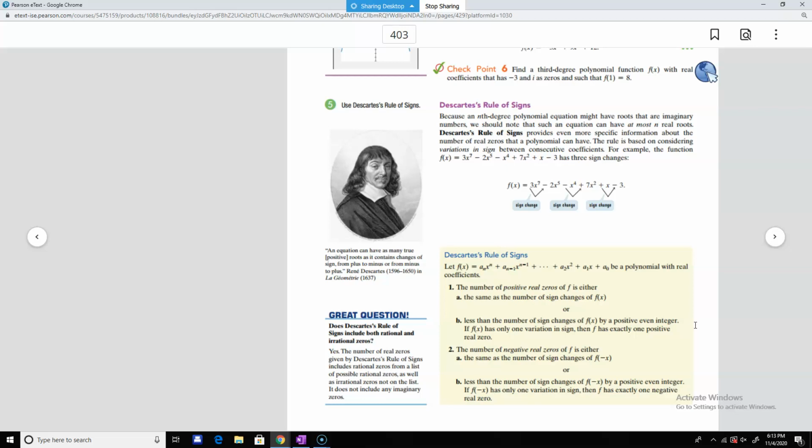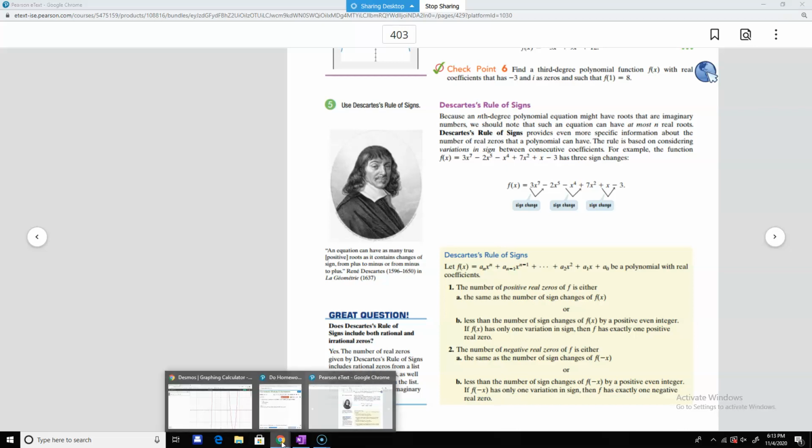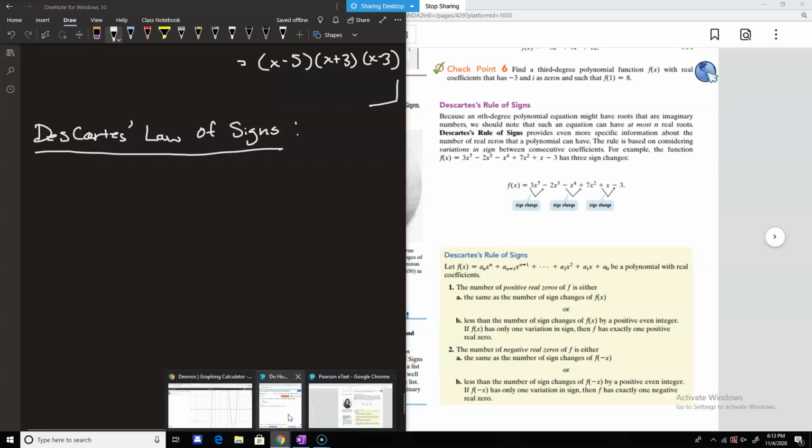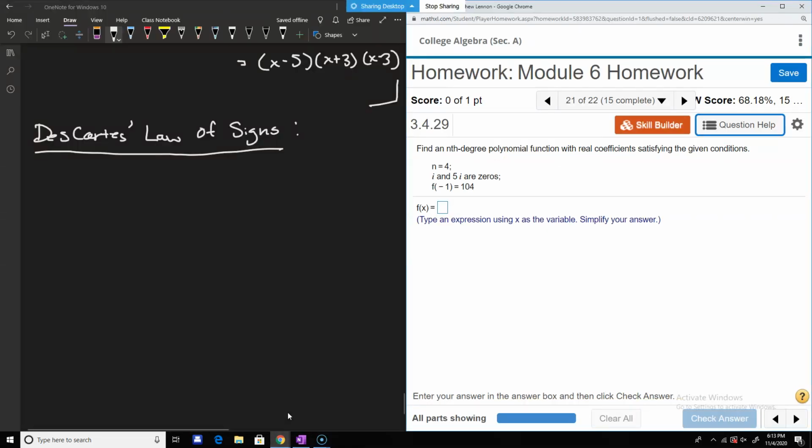The number of negative zeros is the same as the sign changes of f of negative x, or less than the number of sign changes of f of negative x by a positive even integer. Okay, so a little bizarre. Let's go back and see if we can apply it. I'm not going to write that down because it's a lot to write down. We'll just see if we can apply it properly.